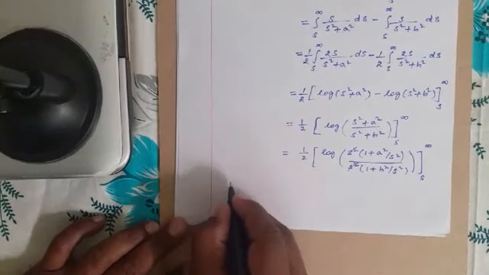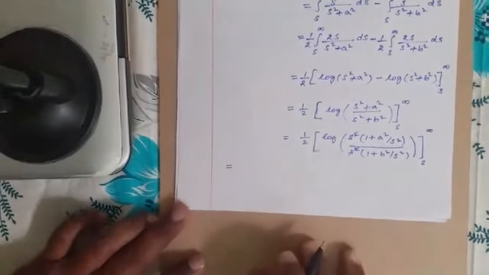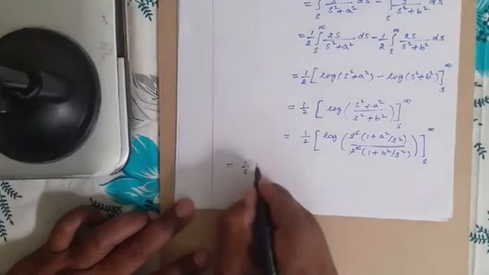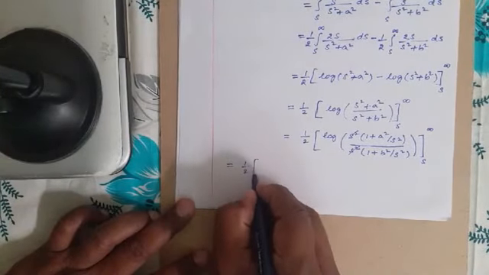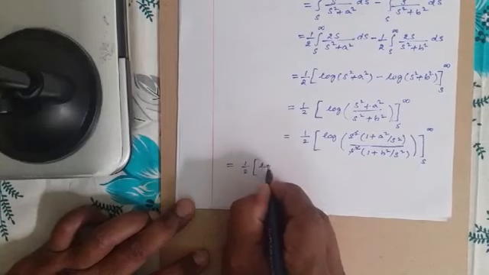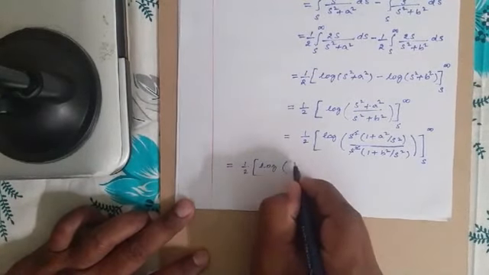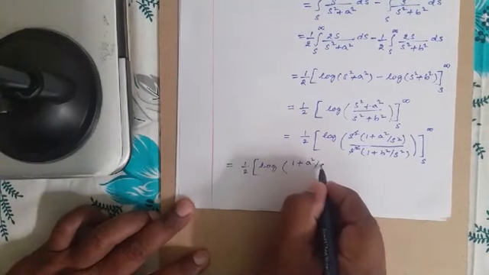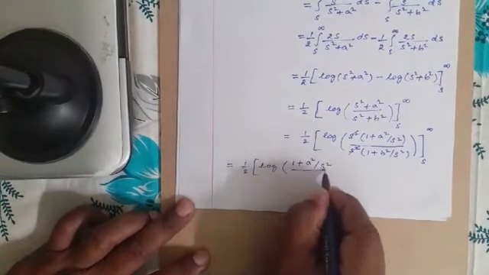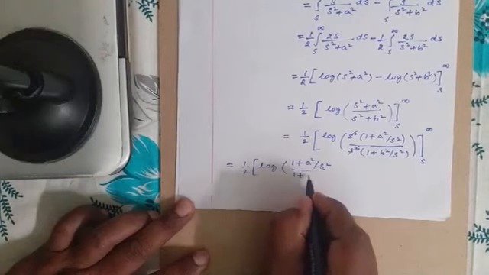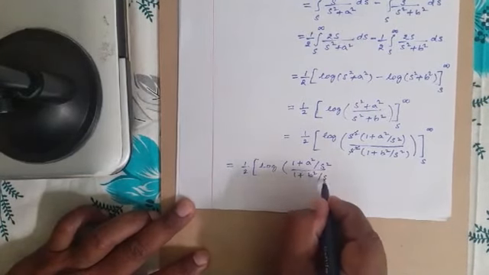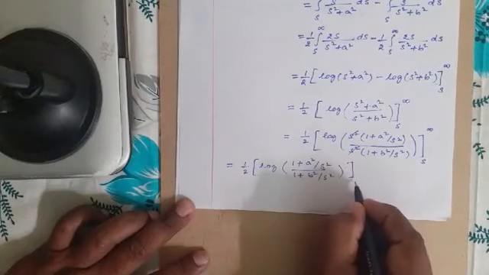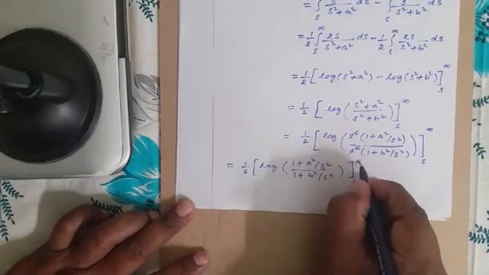After cancelling, you will get half in bracket log, 1 plus a square upon s square upon 1 plus b square upon s square, s to infinity.